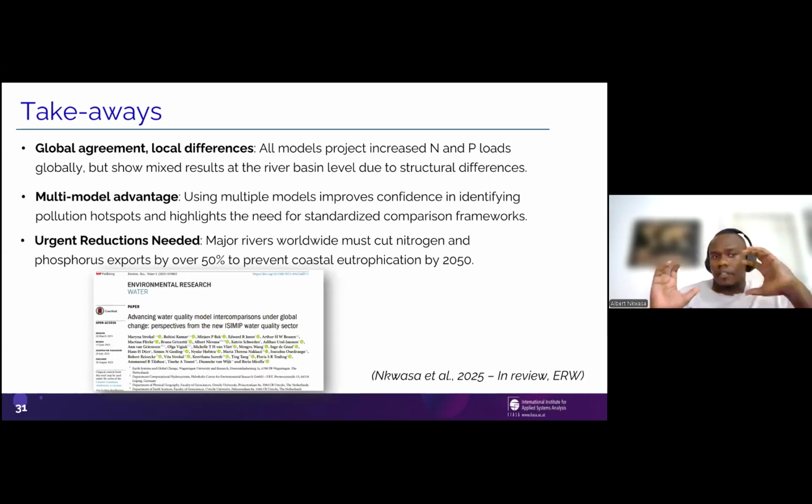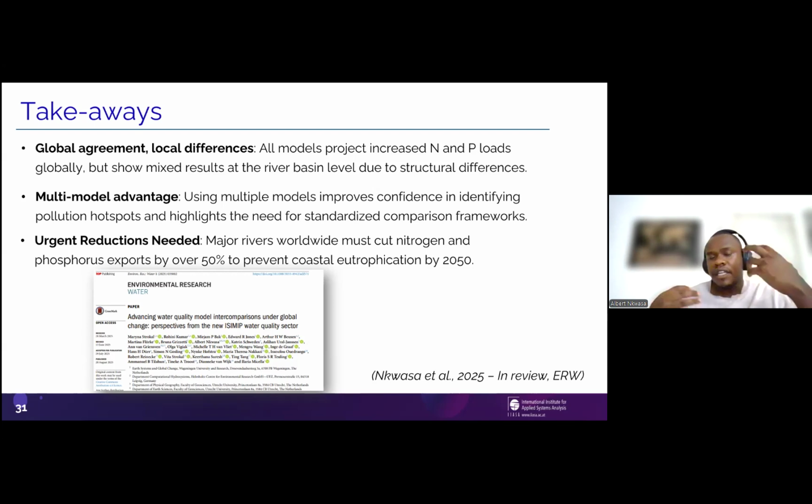So that was just quickly to highlight the existing global models. Some takeaways from this work are that there are global agreements between the models, but there are huge differences locally, whereby we could see that all models project increased NNP loads, but then they show some mixed results at river basin level.